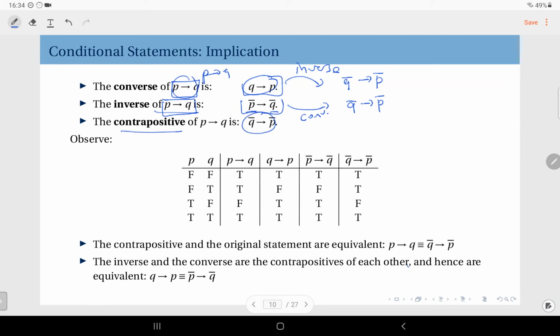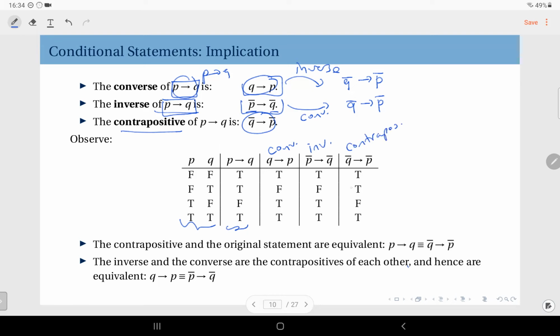Why is this important? Because if you observe the truth table for all of these, we have four input combinations here, and this is the original implication. And you write the converse here and the inverse here, and you obtain the contrapositive here.